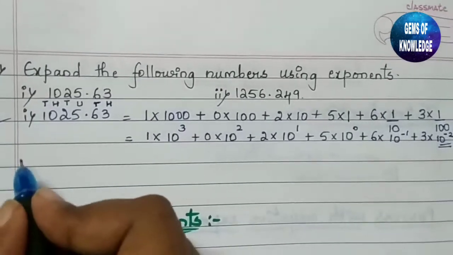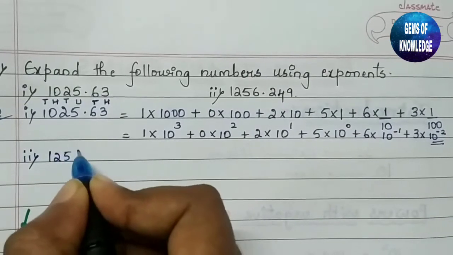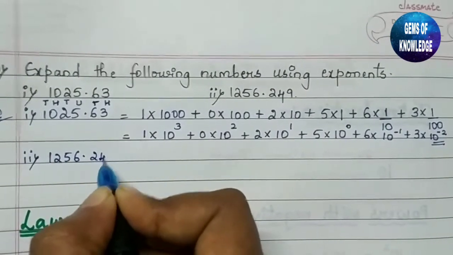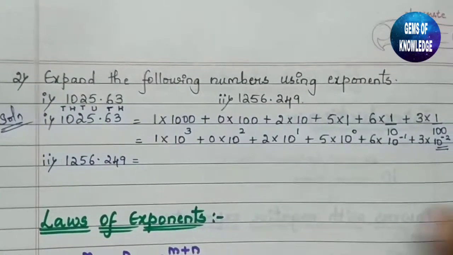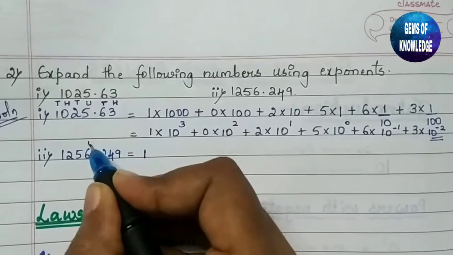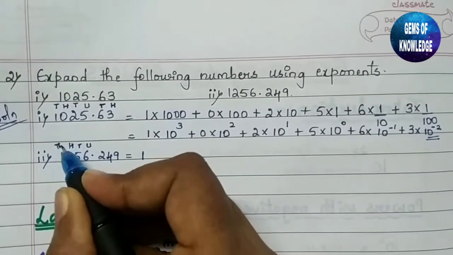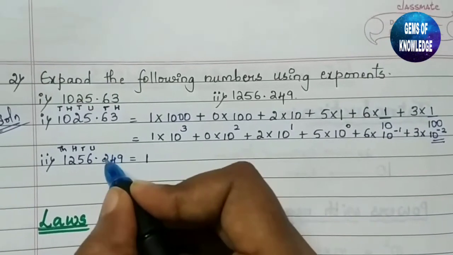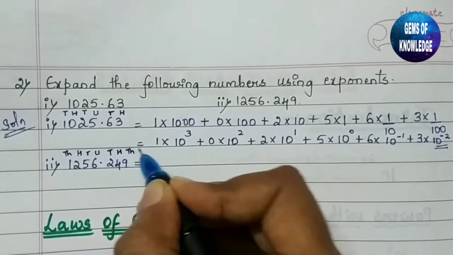Okay. We'll see the second one. The second question is 1256.249. So here also 1 is given. This will be unit, 10, 100 and this will be 1000. Similarly after the point, the unit is there, then this will be 10, 100 and this will be 1000.